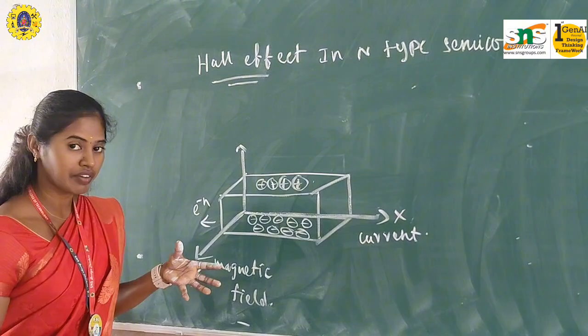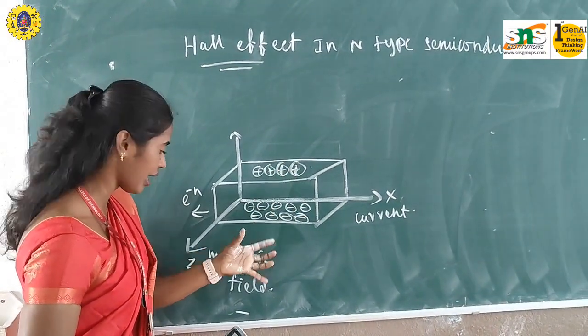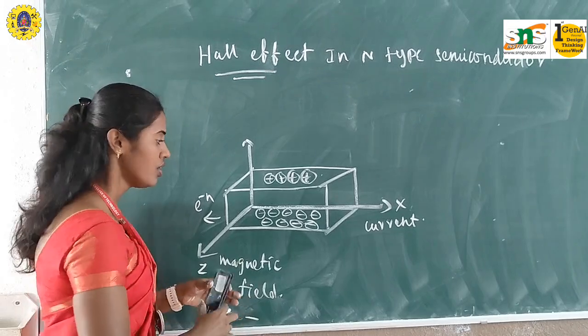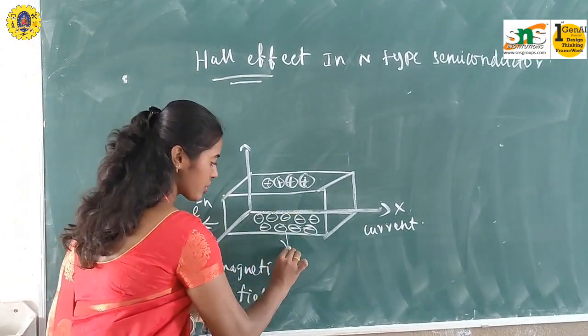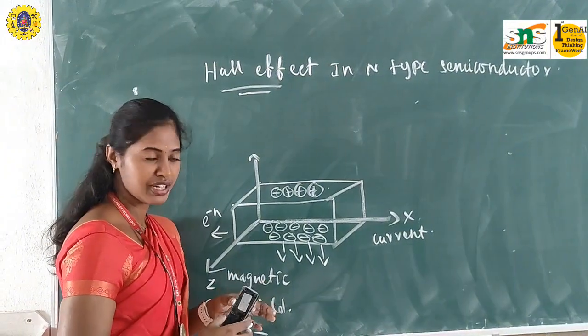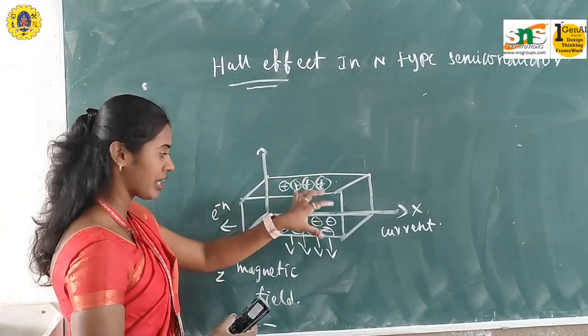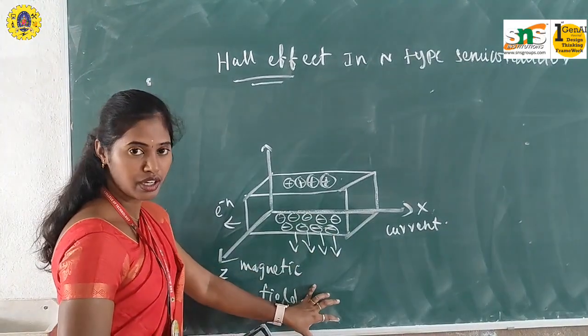What will happen is that the majority charge carriers, the electrons, will be deflected by this magnetic field. These majority charge carriers move towards the downward direction, which creates a potential difference. The minority charge carriers move towards the upward direction and the majority move towards the downward direction.